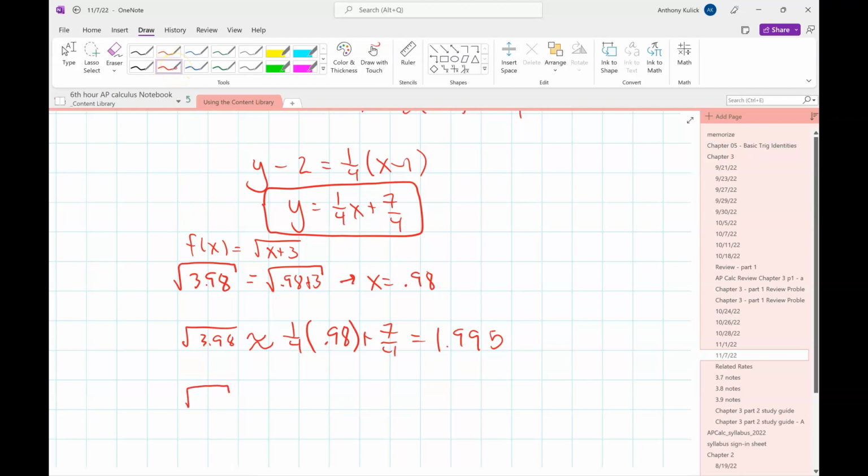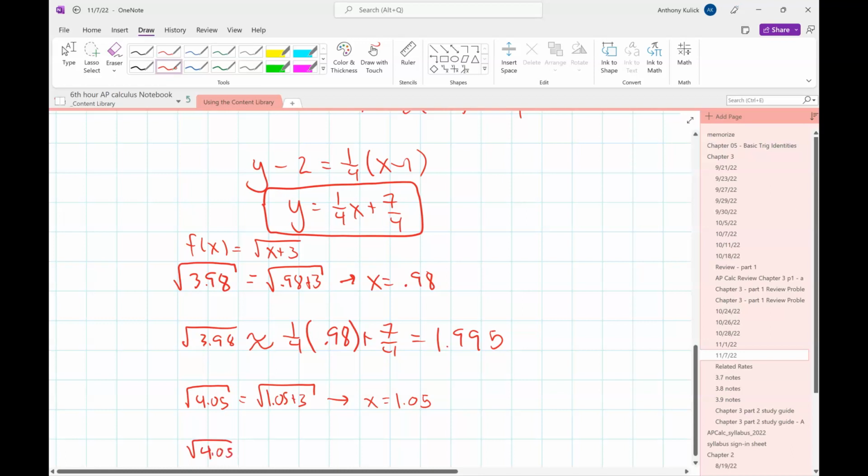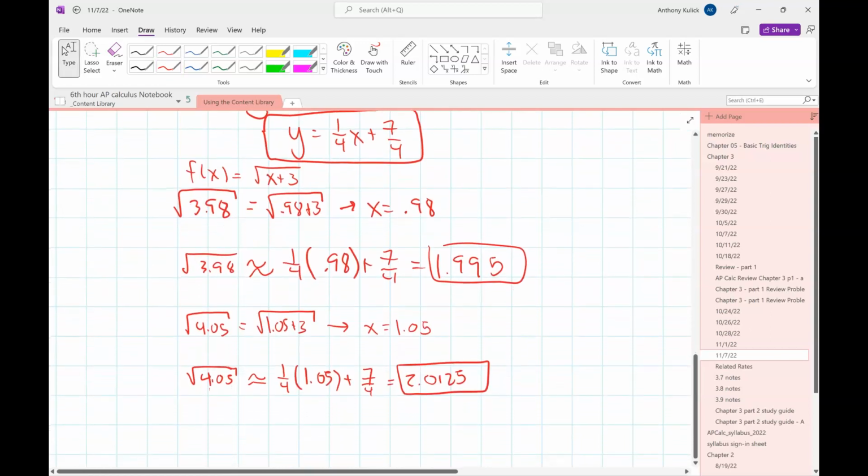If I do the same thing at 4.05, I find the x value is 1.05 and I plug that in, get 2.0125.